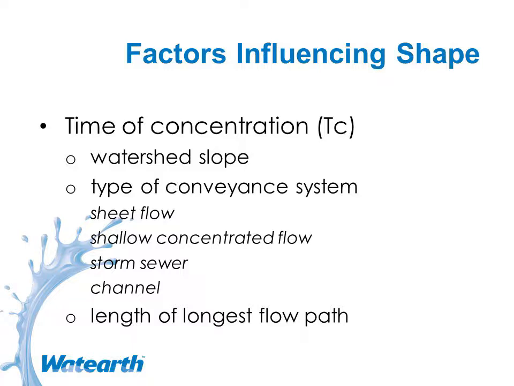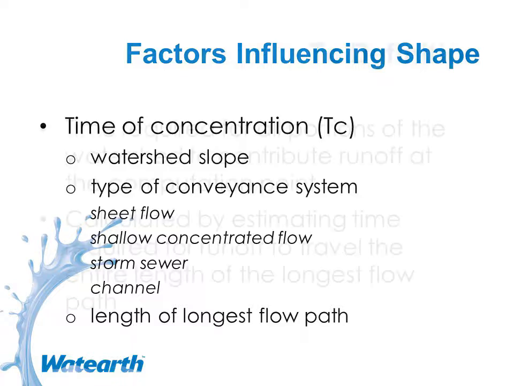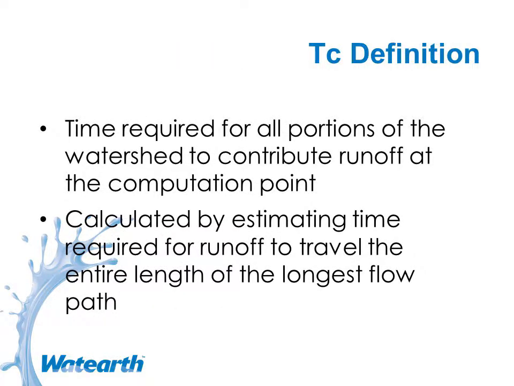If it's flowing through a forested area, it's going to travel much slower than if it's concentrated within a storm sewer system. The time of concentration is based on the longest flow path. The longest flow path isn't necessarily the longest line following the slope, it's the slowest travel time. It's essentially the time required for all points in the watershed to start contributing to the point where the hydrograph is being developed.